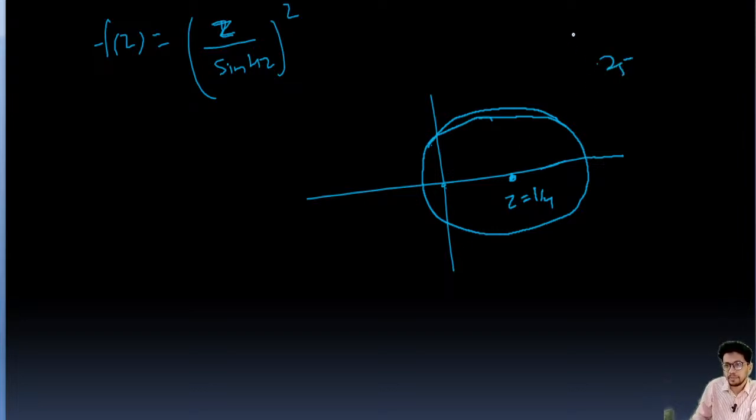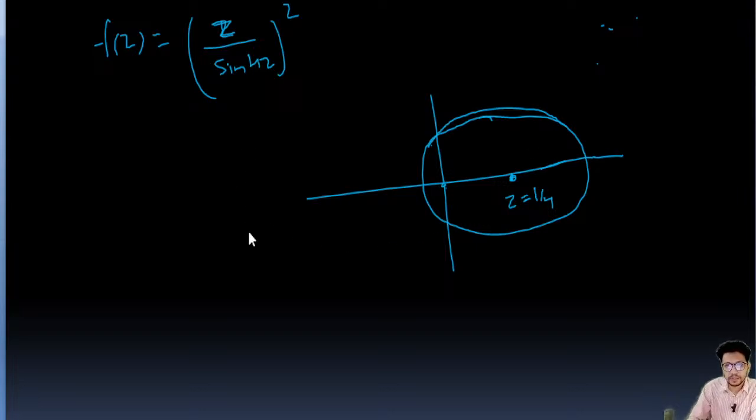And pi by 4 is 3.14 upon 4, so that is almost equal to 0.78 something. So this is the contour of radius pi by 4. So this distance is pi by 4, this is pi by 4.